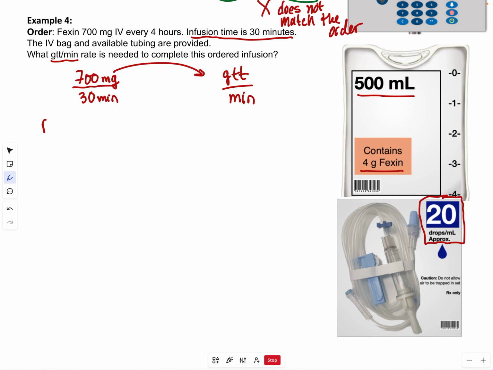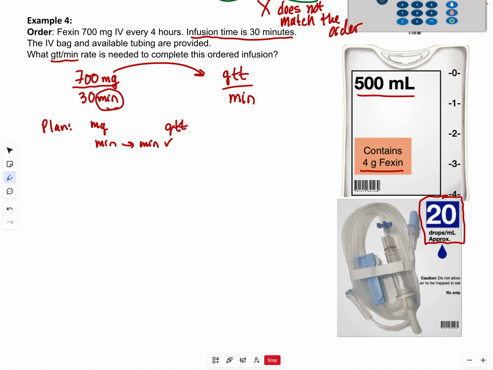So my plan is to somehow get from milligrams all the way to drops. And I need to get from minutes to minutes. Okay, perfect. I'm good there. Denominator doesn't need to change. No time conversion needed. But how am I going to get from milligrams to drops?